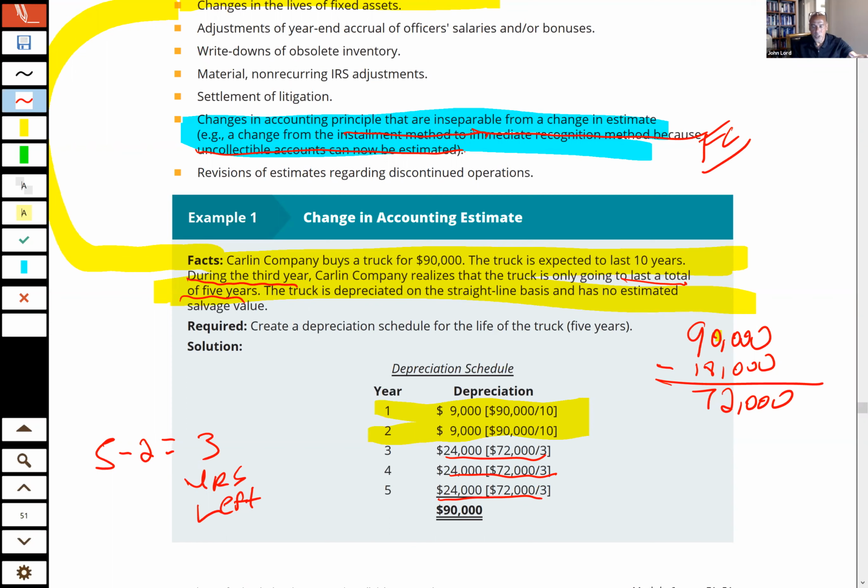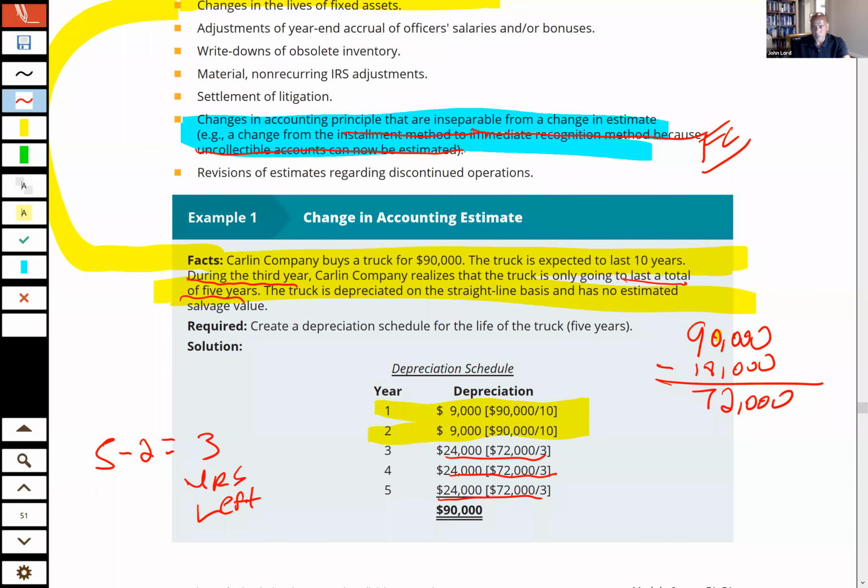And let's say I depreciate it that way for 3 years. Then after 3 years, I say I'm going to switch to the straight line because this asset actually depreciates evenly over its life. Well, is that a change in estimate or a change in method?